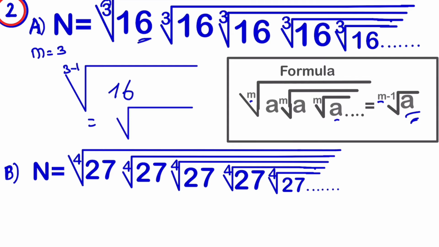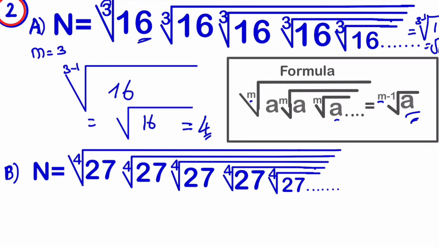And 2 represents the square root. So we'll be left with the square root of 16. So our answer will be 4 for this question. So the answer for this will be the 3 minus 1 over 16, which leaves the square root of 16, which is 4.